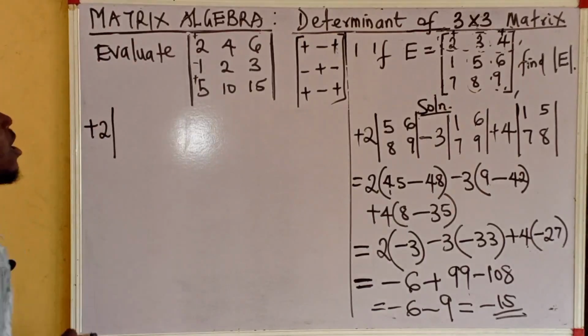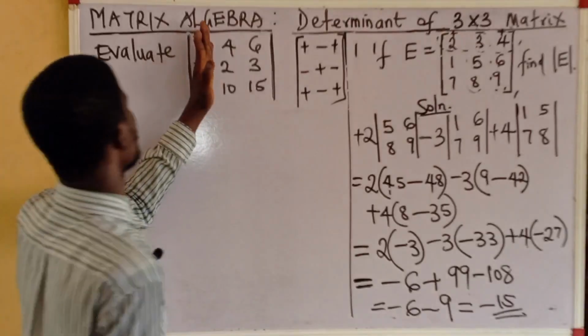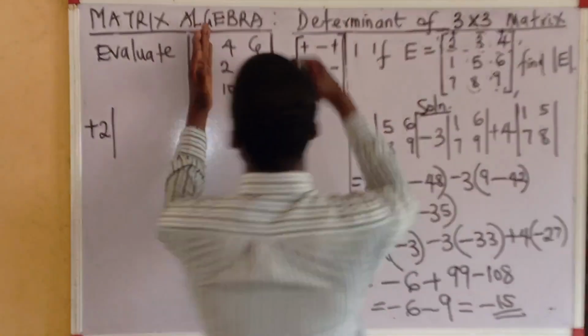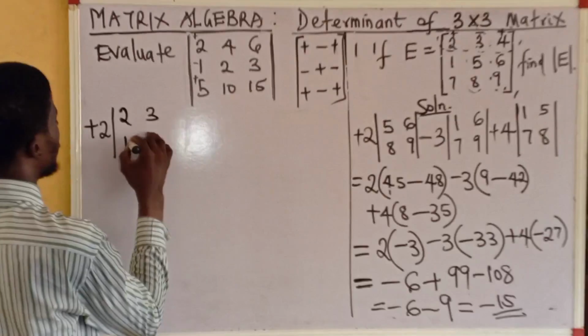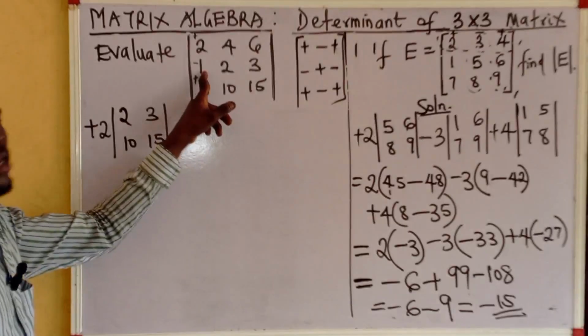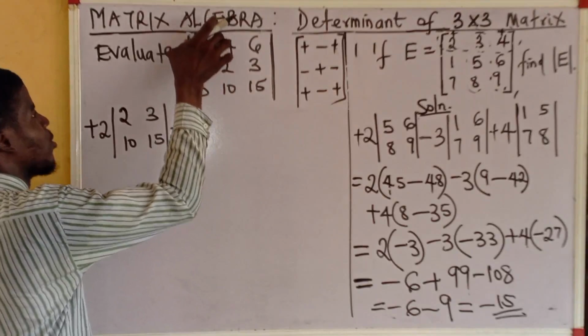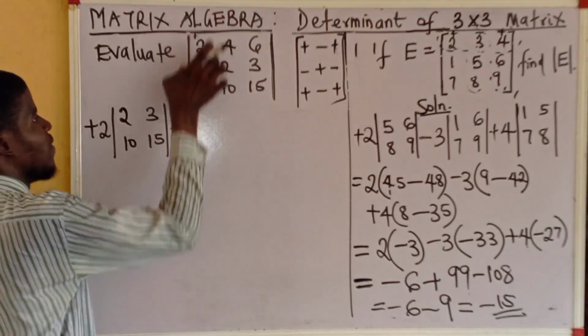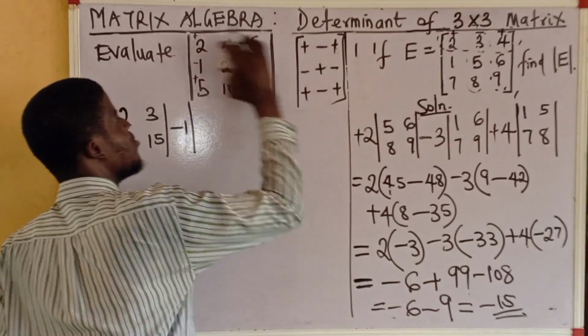and evaluate the minor of the element 2. Close up this column and close up the row. We have 2, 3, 10, 15. 1 has a minus, minus 1. So close up this column where 1 is found, and close up the row where 1 is found, which is the middle row.